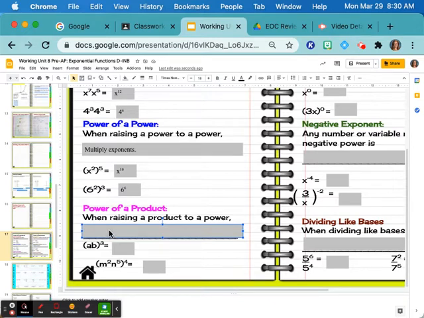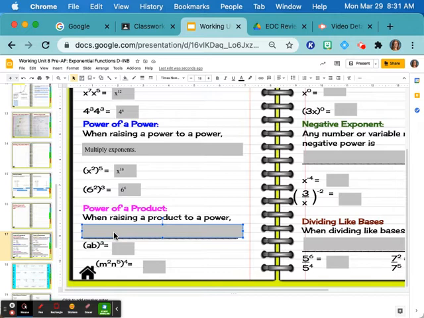Yeah, it's like distributing. I don't think that's mathematically correct lingo. If you want to write that on yours, that's fine to help you remember.